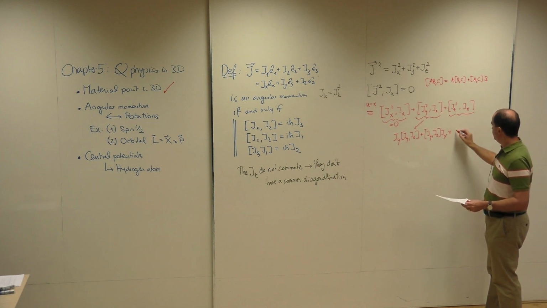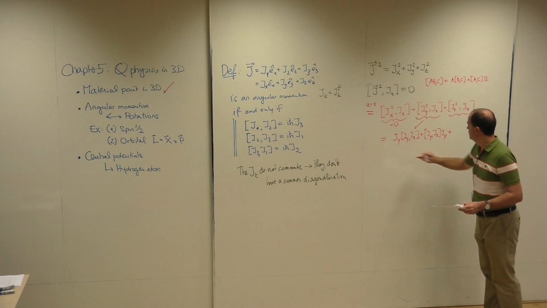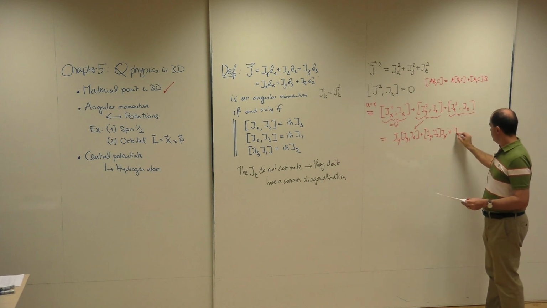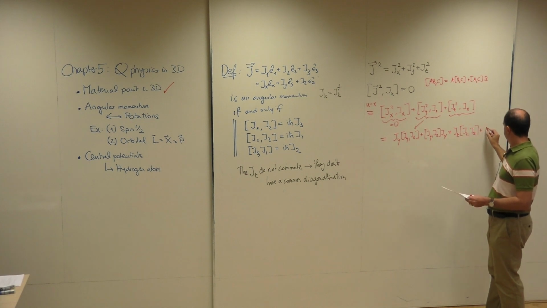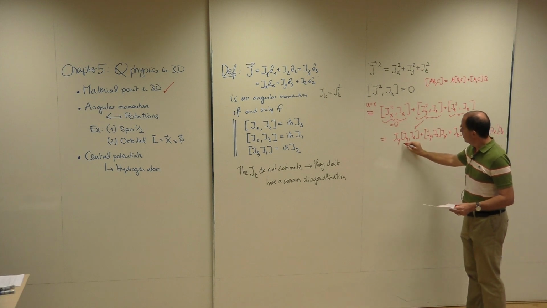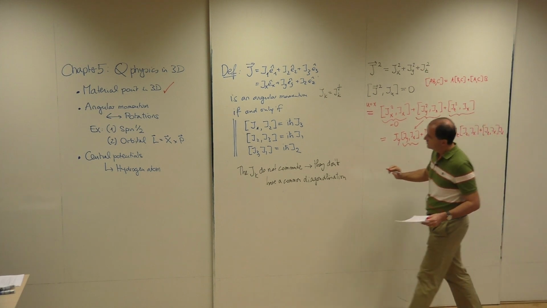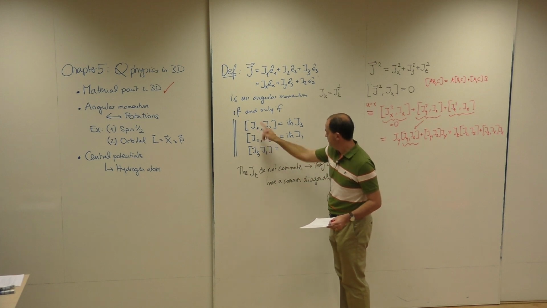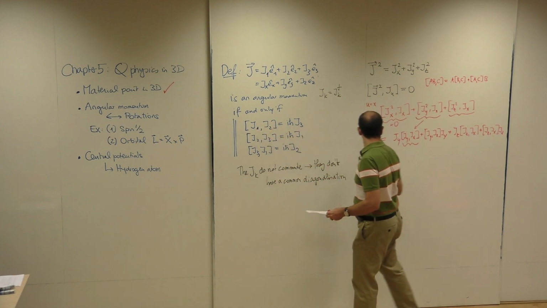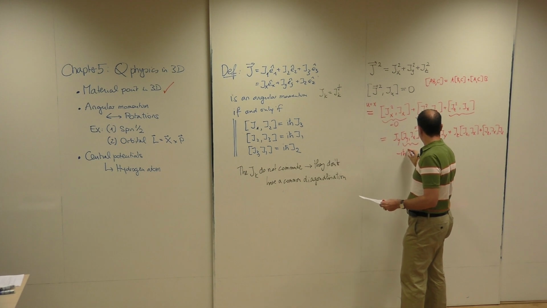So let me continue here, plus JZ, JZ, JX, plus JZ, JX, JZ. Okay, now we apply our rule. JY, JX, it's here, reversed, so it's minus iħ JZ.